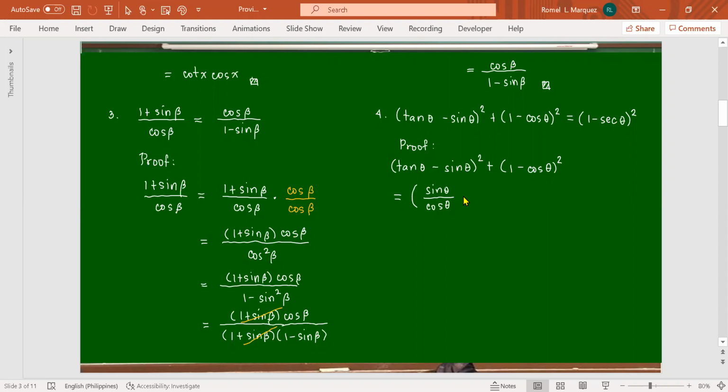And then minus, what about here? We just copy this, quantity squared, plus. Let's copy for the meantime, because I don't see any relationship at this point with the first term.